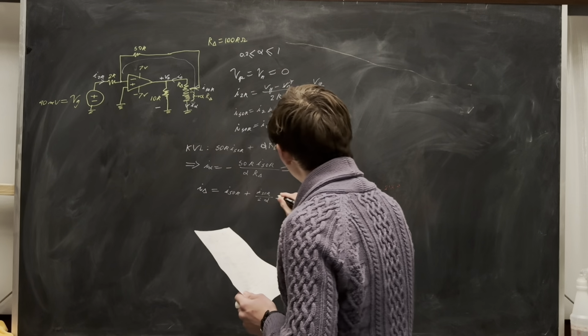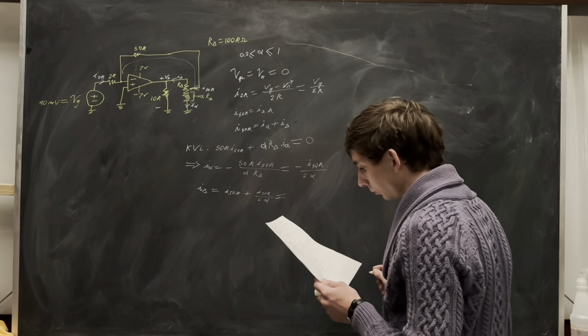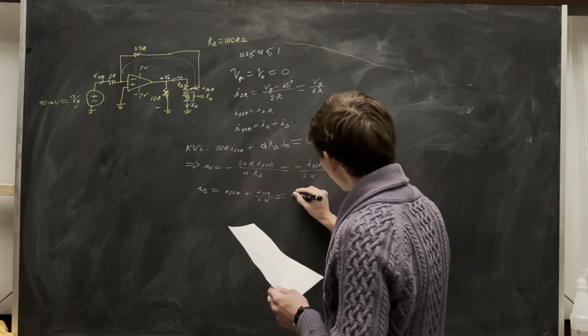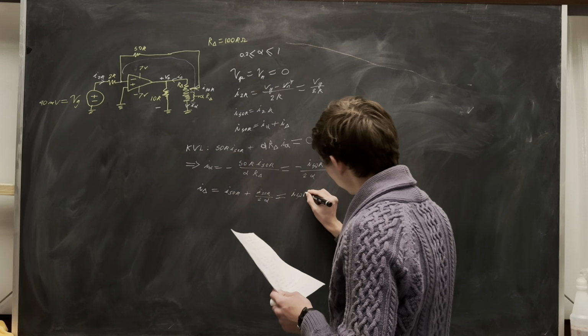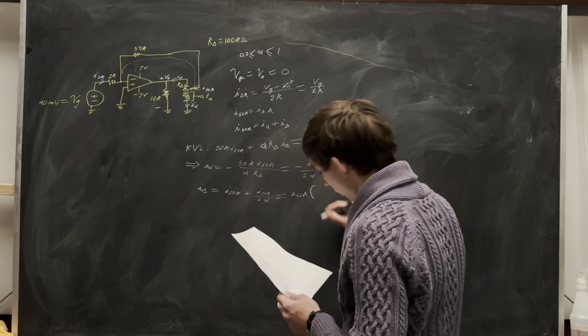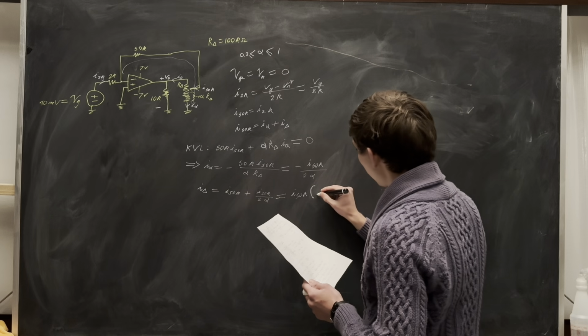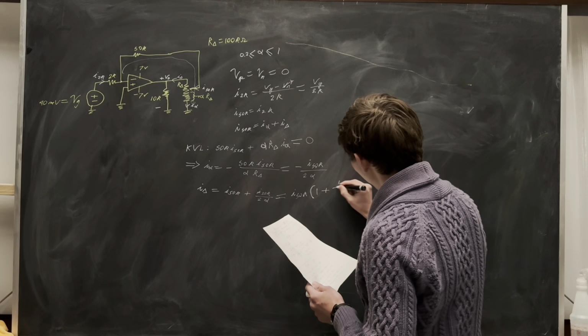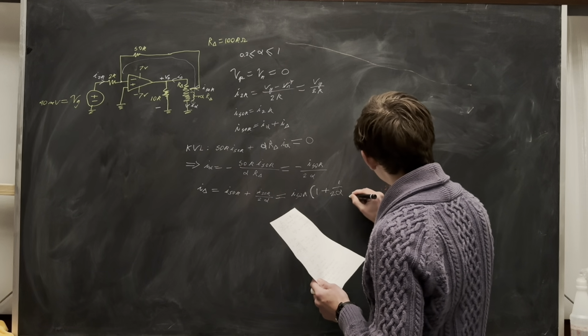We can factor this: I50K times 1 plus 1 over 2 alpha.